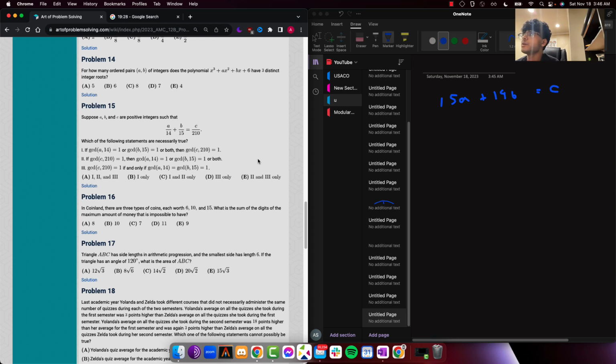So if A is relatively prime to 14, and B is relatively prime to 15, then the GCD... 14 is 2 times 7, 15 is 3 times 5, so their primes are all different. And that's interesting.